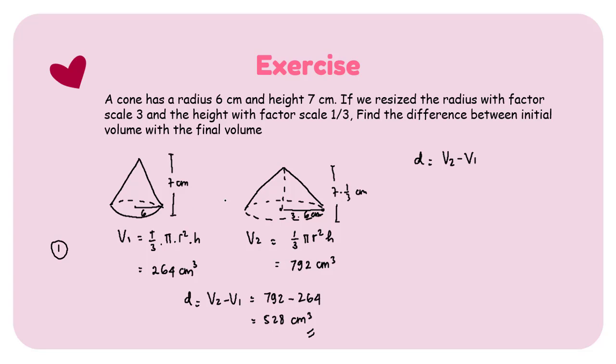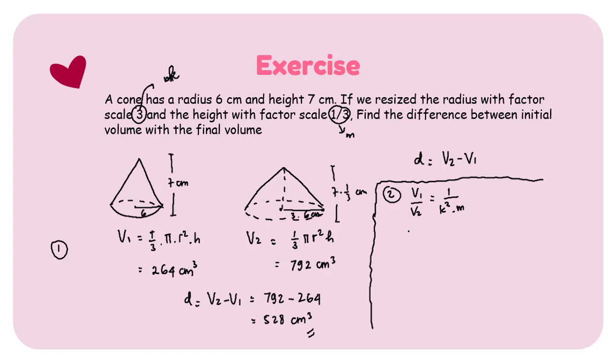And then for the other way to find the difference, we can apply the previous formula of the ratio of the volume. Before, we found the formula: the ratio V1 out of V2 is equal to 1 out of k² times m. Because we already know the value of k and also m. Here, 3 is the value of k, because it shows how many times the radius changes, and m is 1 out of 3.